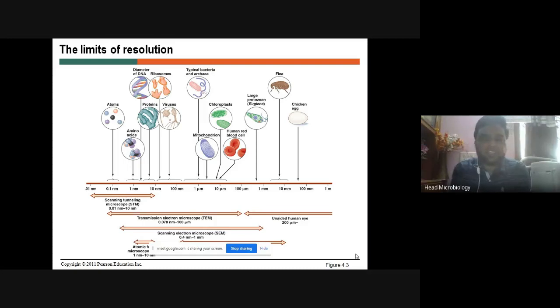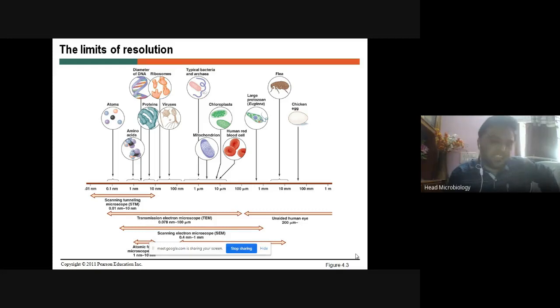Sometimes we work with iron oxide nanomaterial, which is a molecule of around 3 to 10 nanometers.